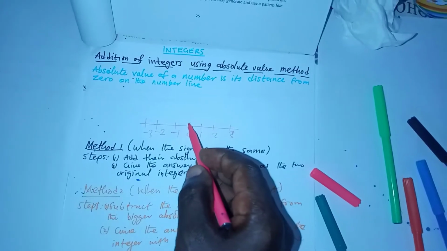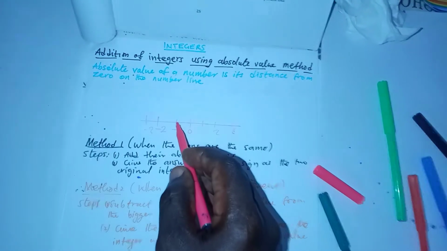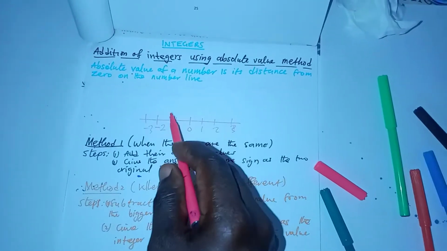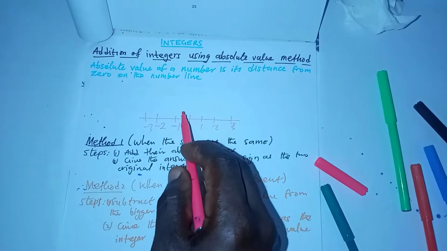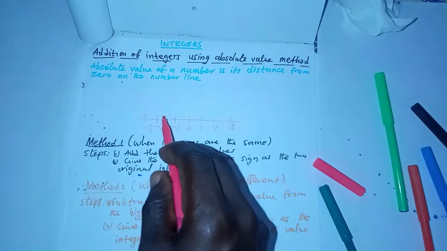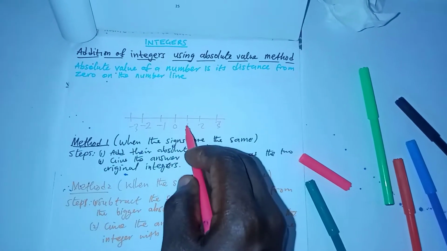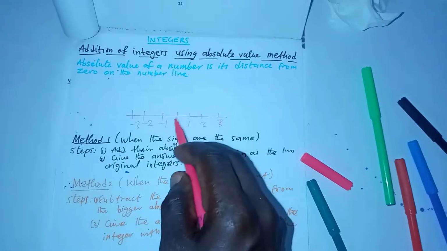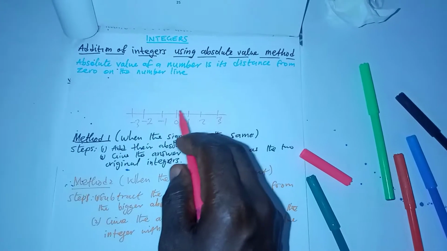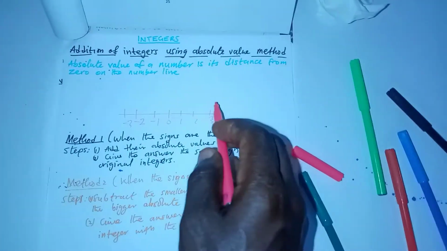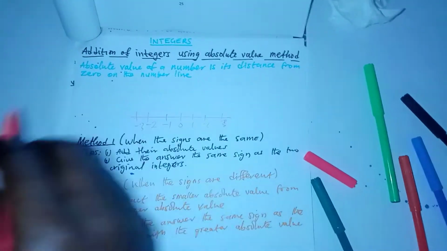So if I am jumping from 0 to 1, I am jumping at an interval of 1. So the distance in this case will be 1. I may not be adding a negative to it. Likewise, if I'm jumping from 0 to 1 on the right, I am still jumping an interval of 1. If it is meters, it will be 1 meter to the right, 1 meter to the left.